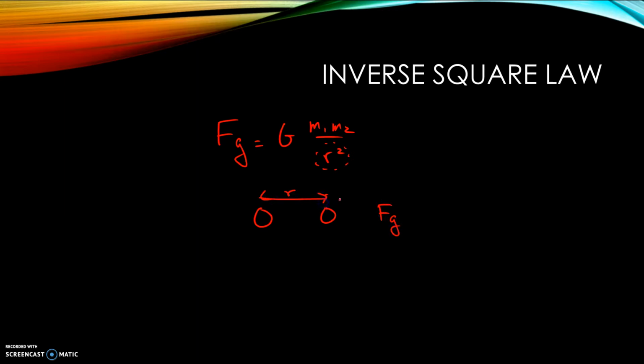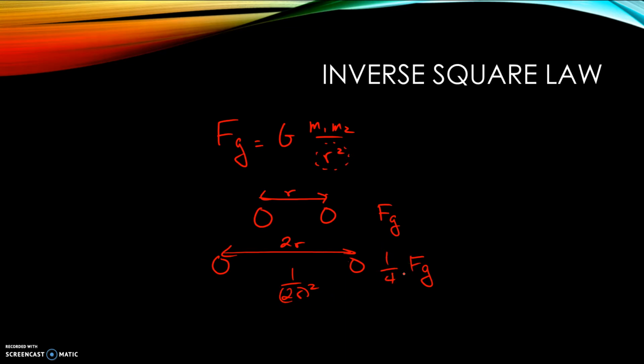If I then double the distance between the objects, so now this is 2r, well, because I've doubled r and then squared it, essentially I took 1 over 2r and then squared it. This new force would only be 1/4 as strong as it was before because we doubled it and then we have to square the 2, and so this will be 1/4 as great.